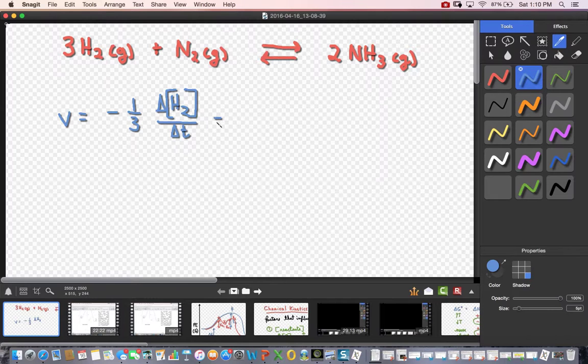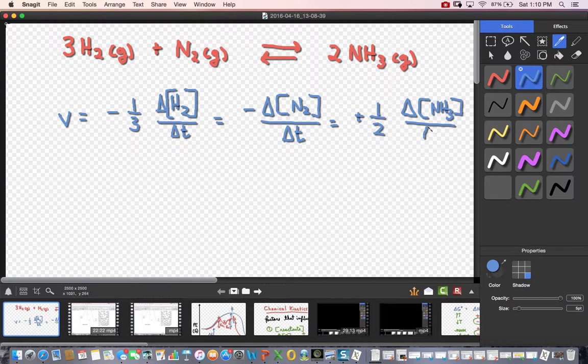which would also be equal to minus the change in N2 concentration over the change in time, which is equal to plus 1/2 the change in NH3 concentration over the change in time.